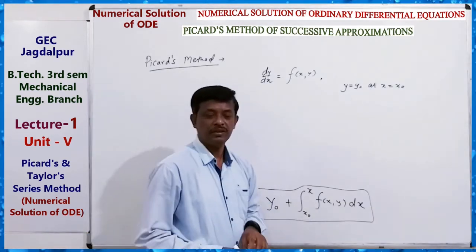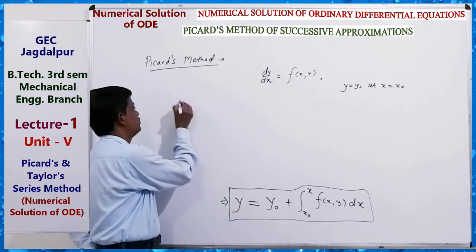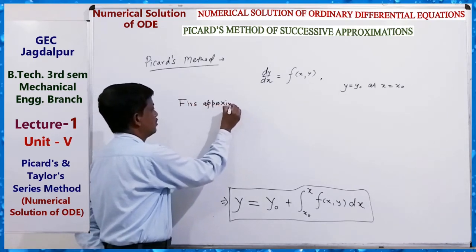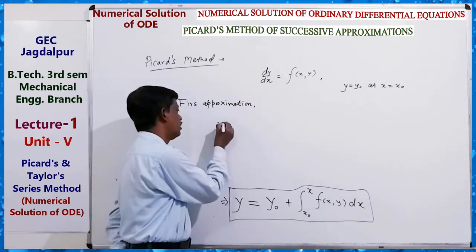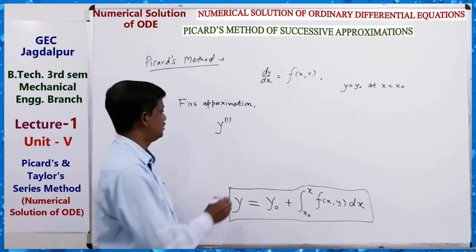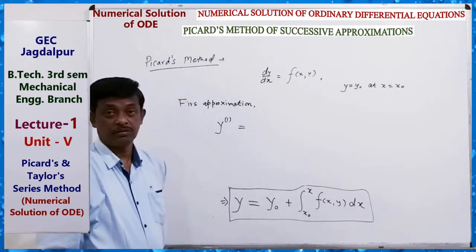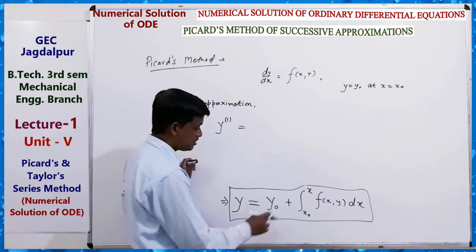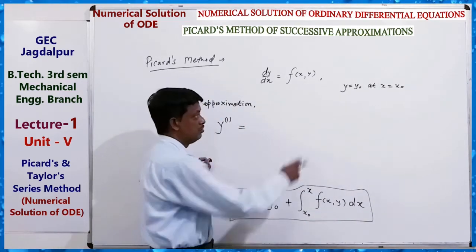How can we get the first approximation? The first approximation is y1. For the first approximation we use the initial condition. In place of y in the integrand, put y0.